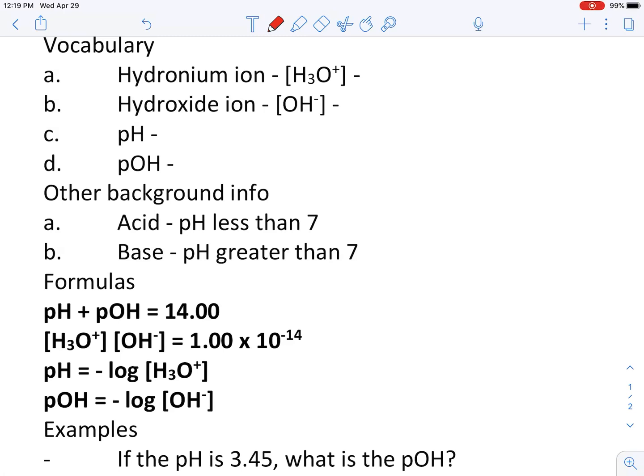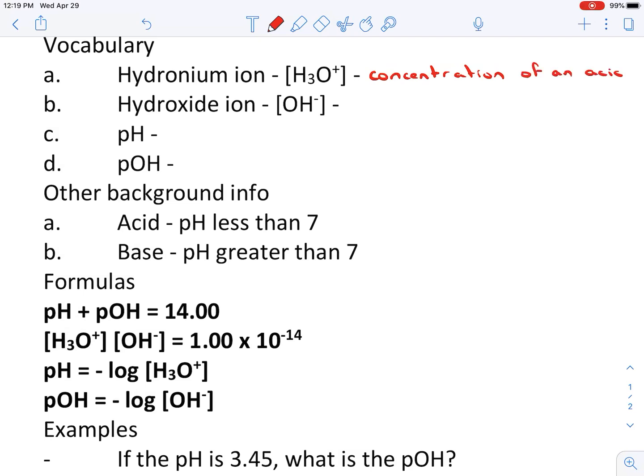Alright, so we're going to start with our hydronium ion concentration. If you look at the H3O+, it looks like a water that has a hydrogen attached to it, which is absolutely correct. So we're talking about the concentration of an acid.